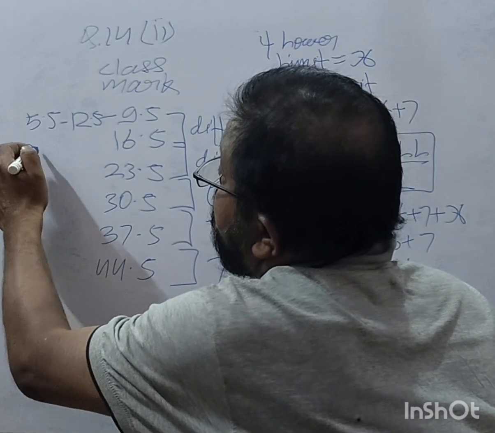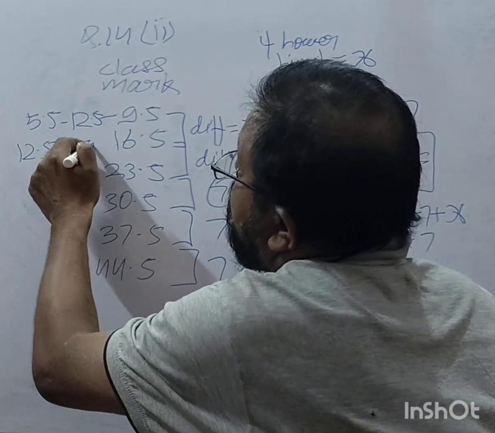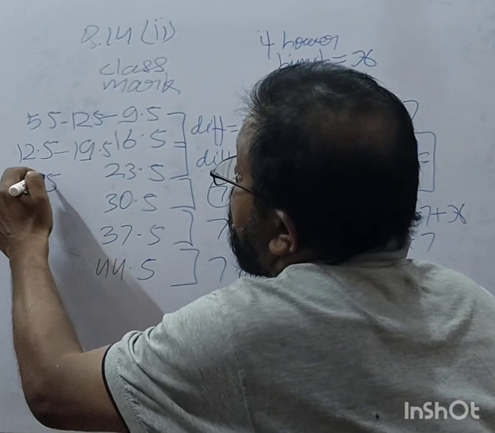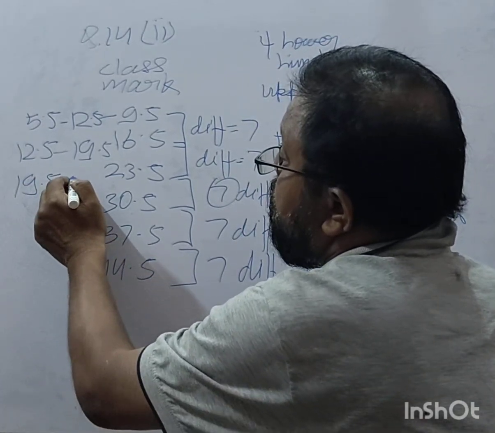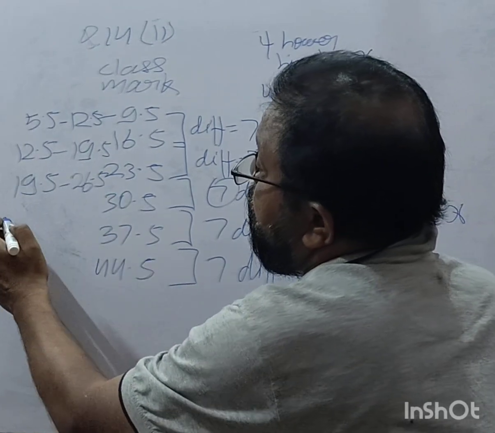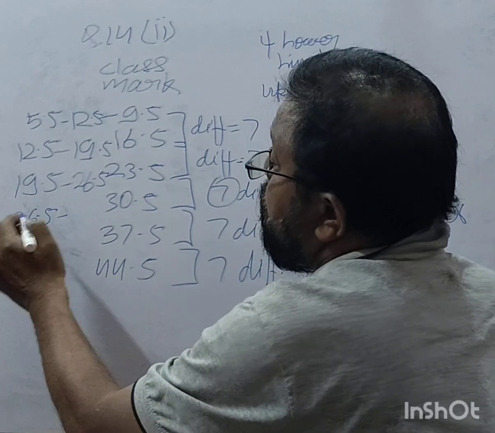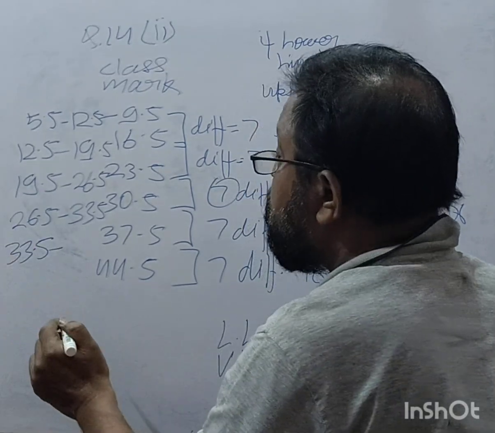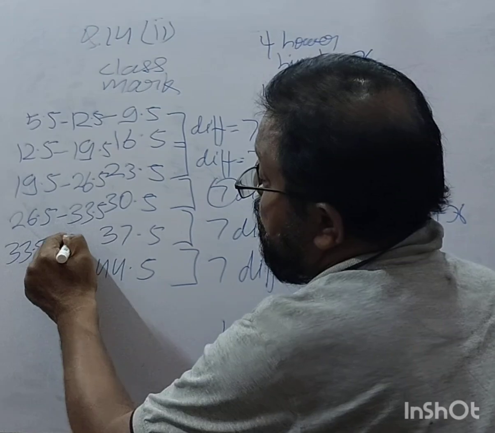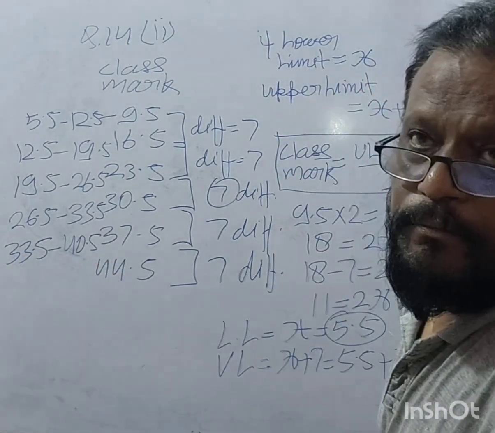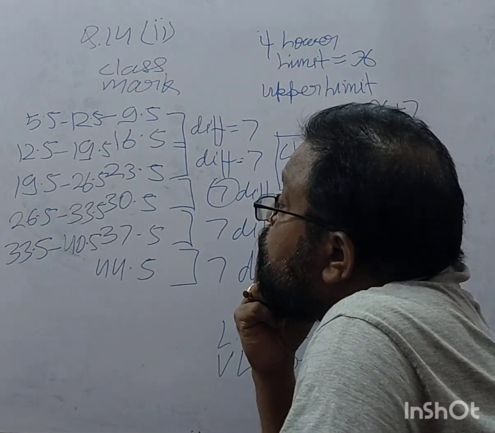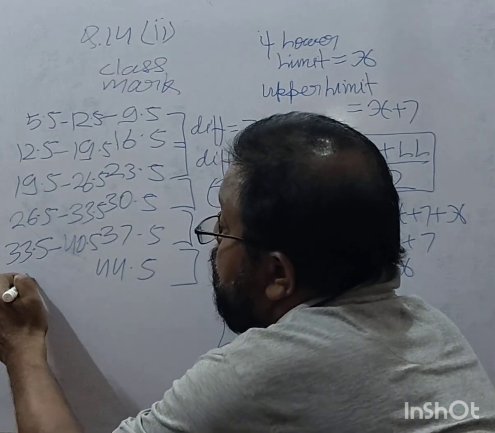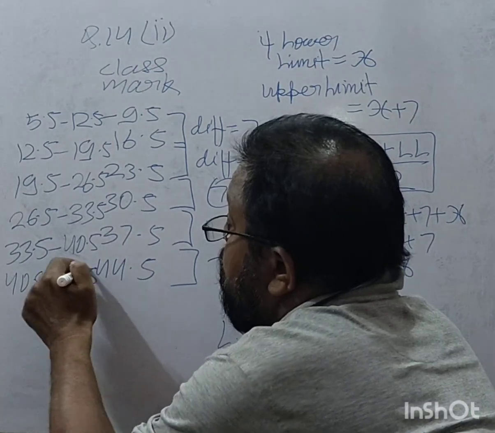Now we have 12.5 plus 7, so it is 19.5. 19.5 to 26.5. 26.5 to 33.5. 33.5 to 40.5. And 40.5 to 47.5.